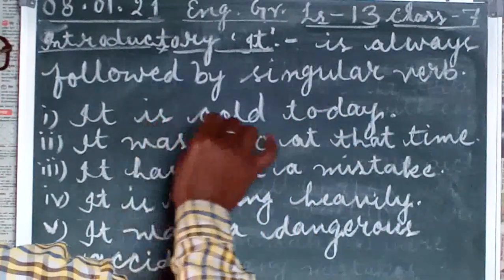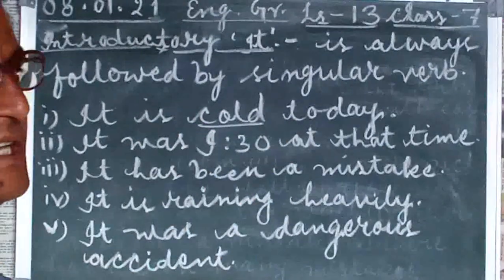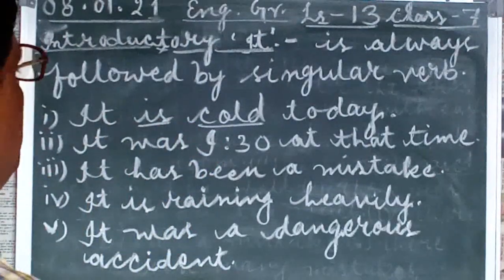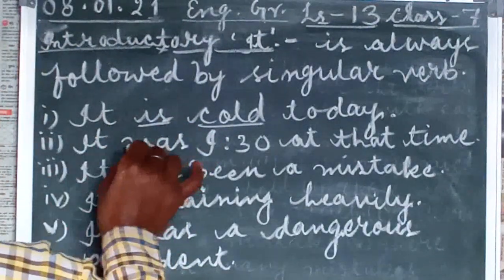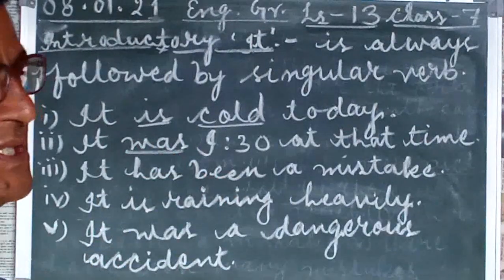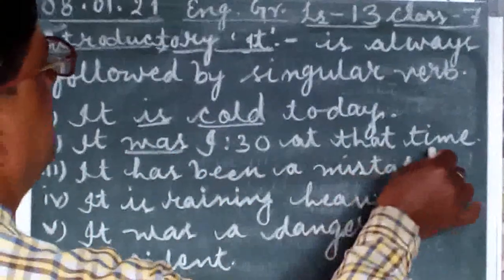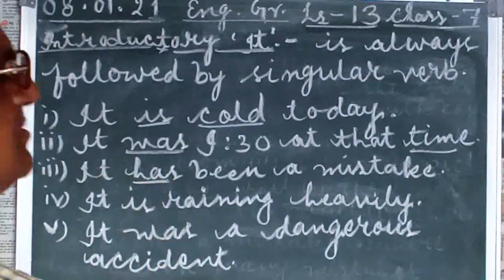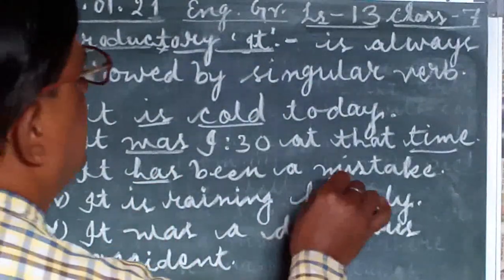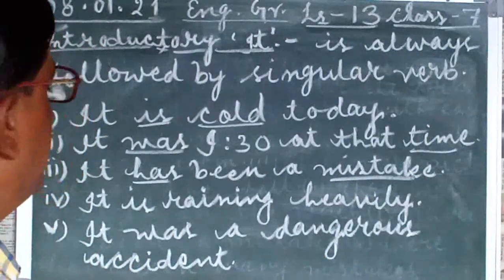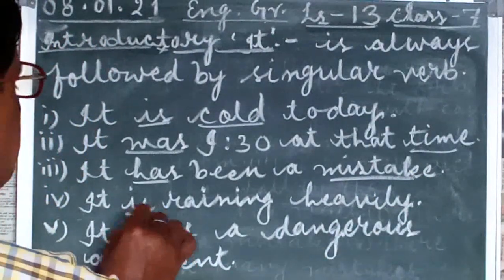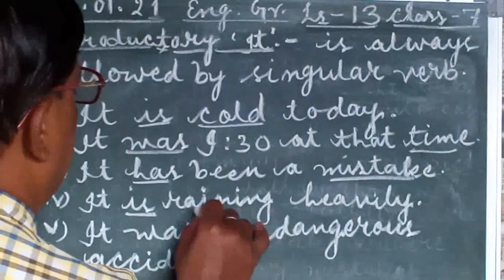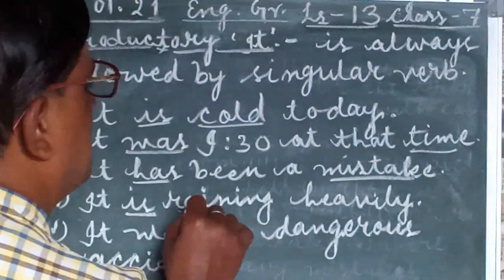What is here? Cold is singular, and is is a singular verb. Here also is a singular verb, and time is also singular. Here has is also a singular verb, and mistake is a singular subject, with is.